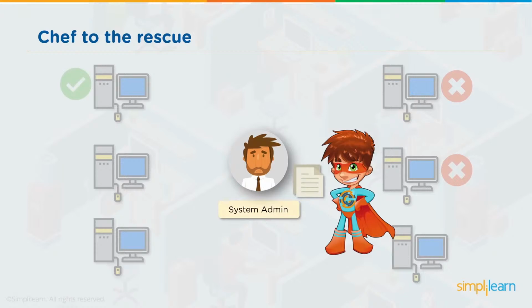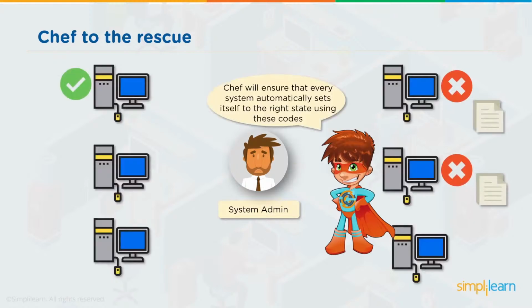So you don't have to actually be managing your environment on a hardware by hardware basis, but actually use scripts called recipes that will actually manage the environment for you. So Chef will actually ensure that every system is automatically set to the right states that meet the requirements that you have defined in your code. So you don't have any issues where hardware starts to fail, because it references the code to reset the state within that environment. And that makes you a happy system administrator.